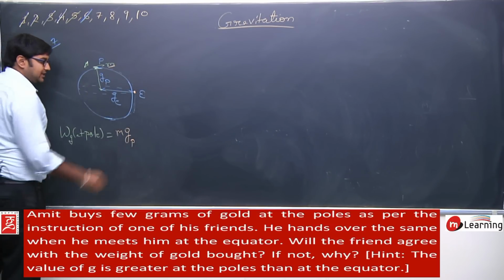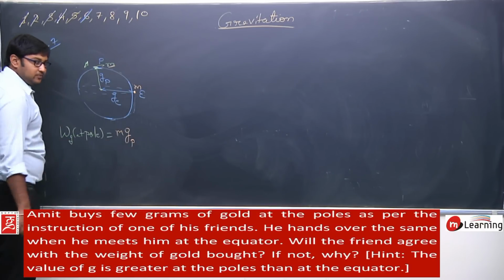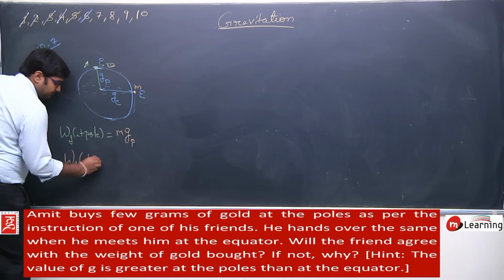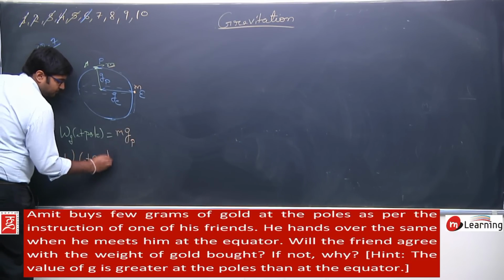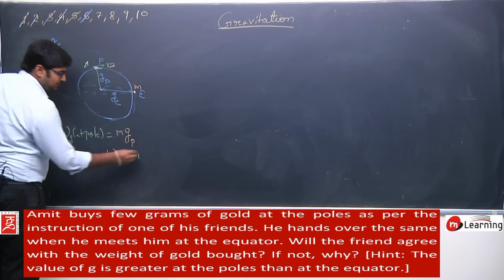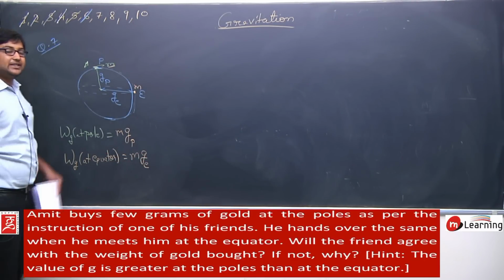Now when Amit takes this gold to the equator, will the mass of this gold change? No, the mass will remain m. But what about the weight? The weight of the gold at the equator will become mass of gold, that is m, times the acceleration due to gravity at the equator, Ge.